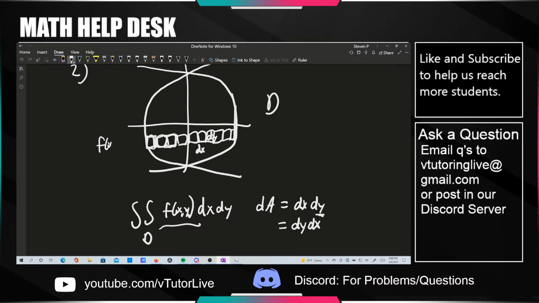And then if your function f of x comma y describes the height of maybe this hill, right? Each one of these little cubes represents that tiny little volume that sits with its base at one of these differential chunks.